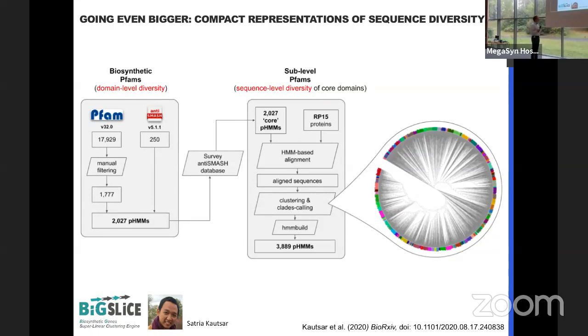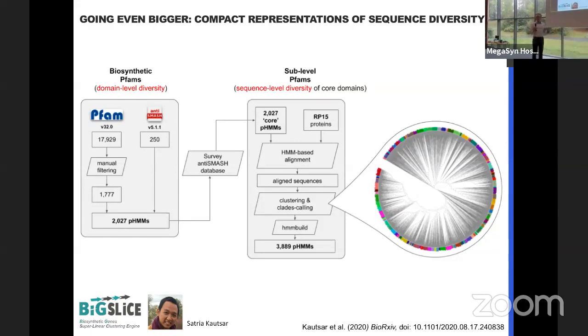So this was a project led by Satria, who was also involved in the BiG-SCAPE visualization. What Satria started with was trying to find a way to represent sequence diversity without actually computing sequence similarities or sequence identity itself. He did that by using protein domains like we have done before, but in a more accurate and higher resolution way by coming up with sub-Pfam domains.